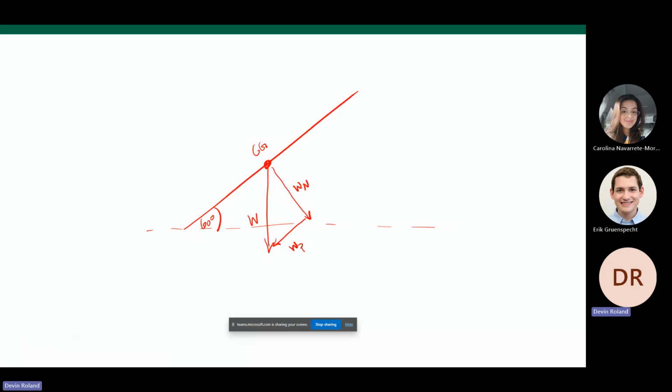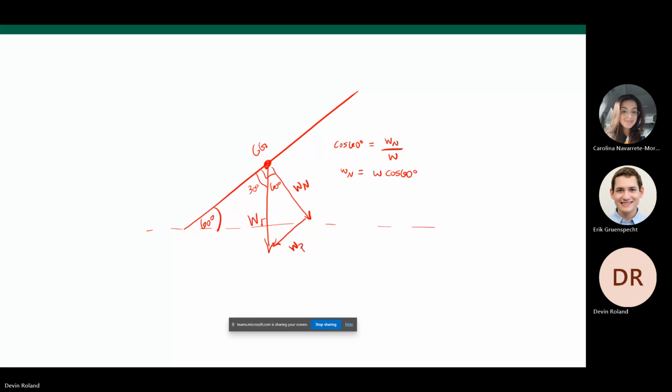Angles can be really tricky, so the way that I would do it is say, this is 90, which means that this is 30. And then this has to be 90. So then that's 60. Cosine of 60 is going to be adjacent over hypotenuse because we want that normal weight value. And then just rearrange like that. Cool.